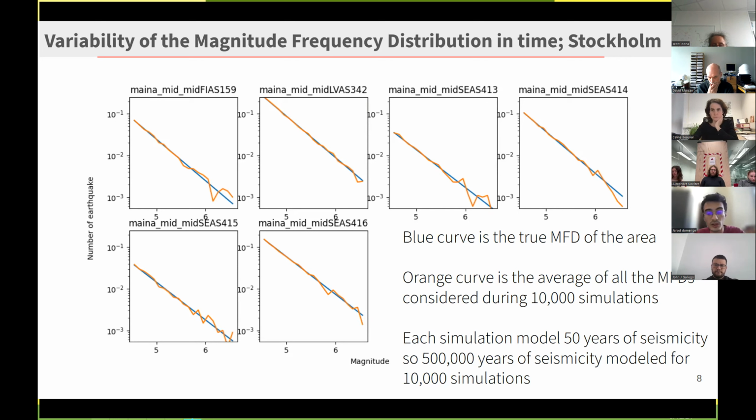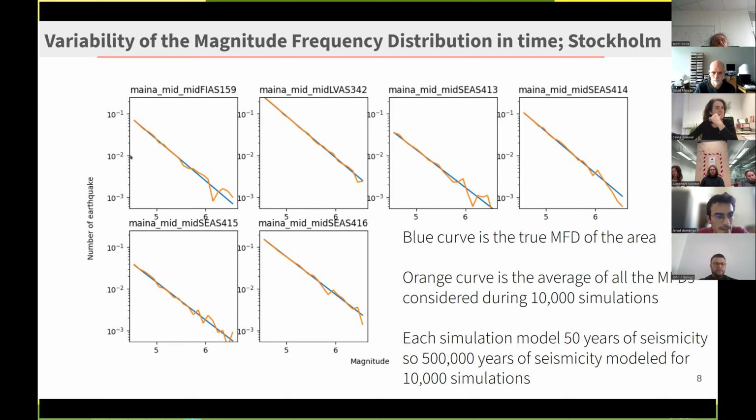So the magnitude frequency distribution will not be the same. For one simulation, it could be like this one, or something like that. But if we take the average of the MFD of the 10,000 simulations, what you will have at the end is this orange curve, for every area.